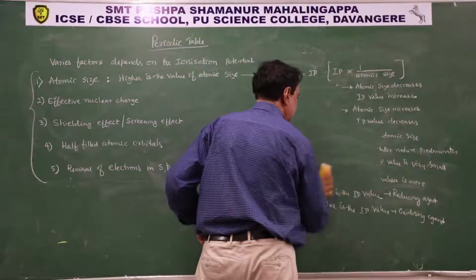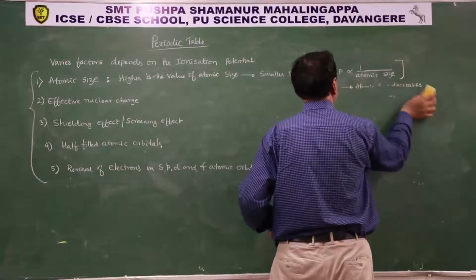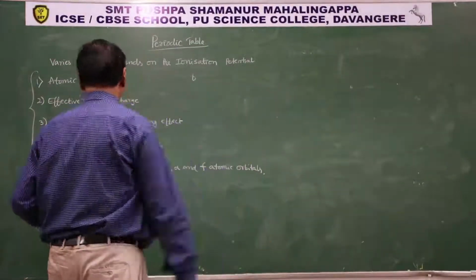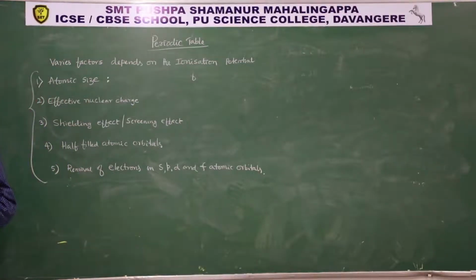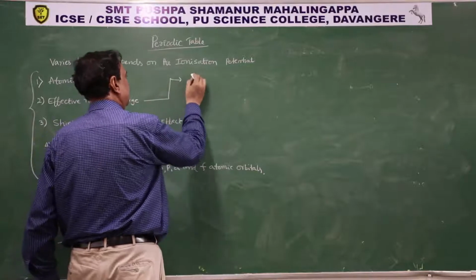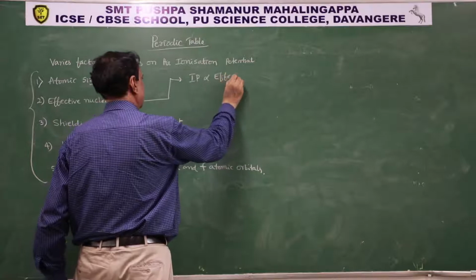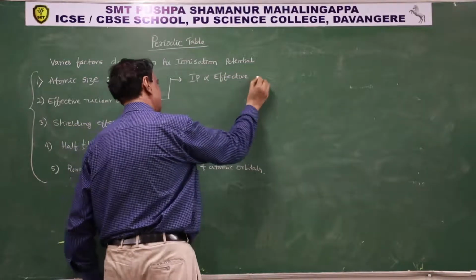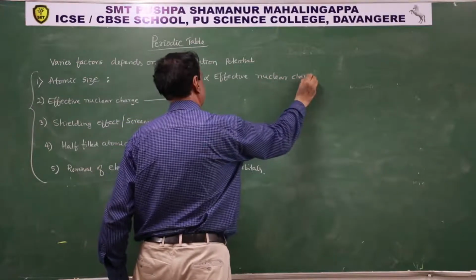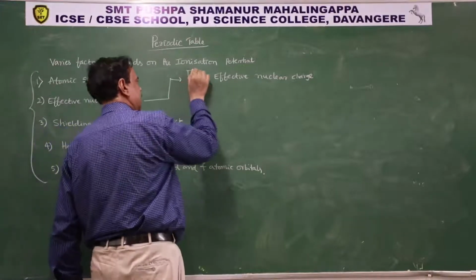Effective nuclear charge means the number of protons. IP value is directly proportional to the effective nuclear charge.